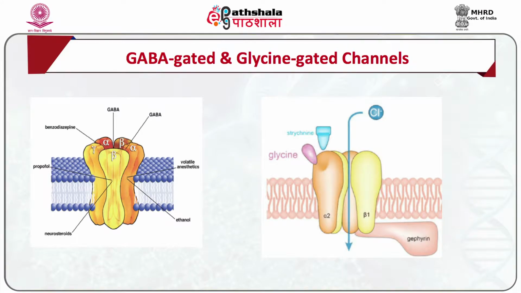GABA-gated and glycine-gated channels. In the vertebrate central nervous system, synaptic inhibition is primarily mediated by two amino acids, glycine and gamma-aminobutyric acid, that is GABA. The latter is formed by the loss of a carboxyl group from glutamate.